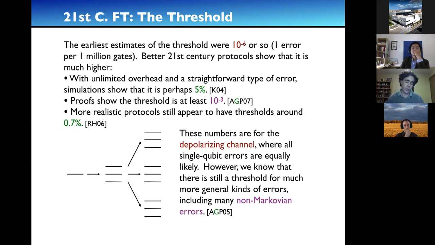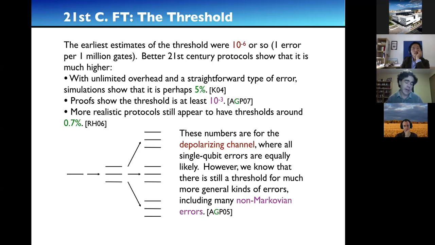So if you're willing to have tons and tons of extra qubits, and the errors are the pretty boring, straightforward type, depolarizing channel, then some simulations show that you might be able to get as high as 5% error rate. That's only 1 error per 20 gates, and that's totally achievable. There's lots of systems that have done that.